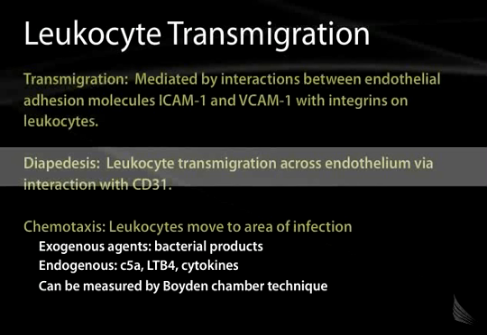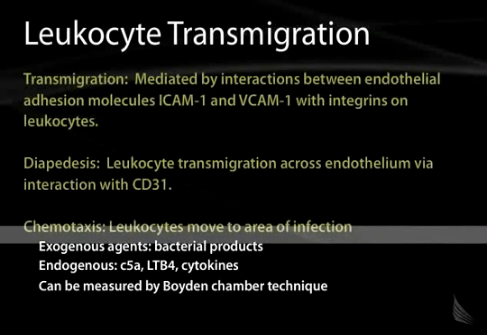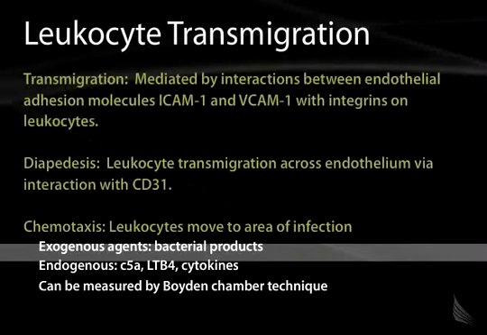Once it's in the extracellular fluid, then it's got to find its way to the site of injury, and that occurs by chemotaxis. There are things like bacterial products or endogenous products like complement factors, leukotrienes, and cytokines, which attract the leukocytes to move to the area of damage, inflammation, or infection.